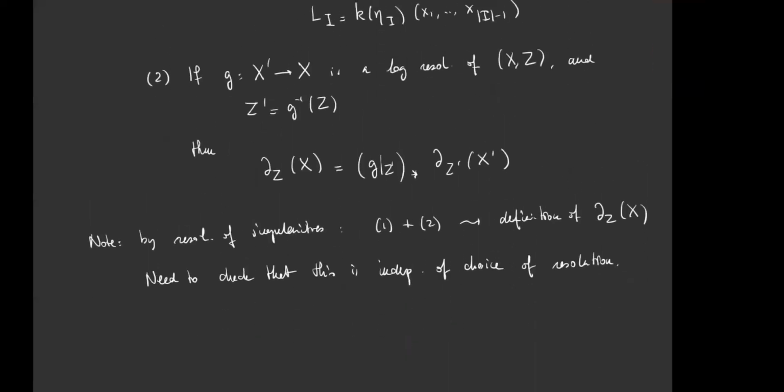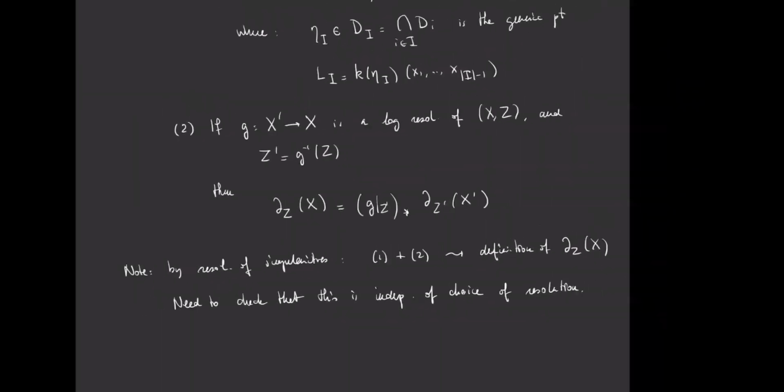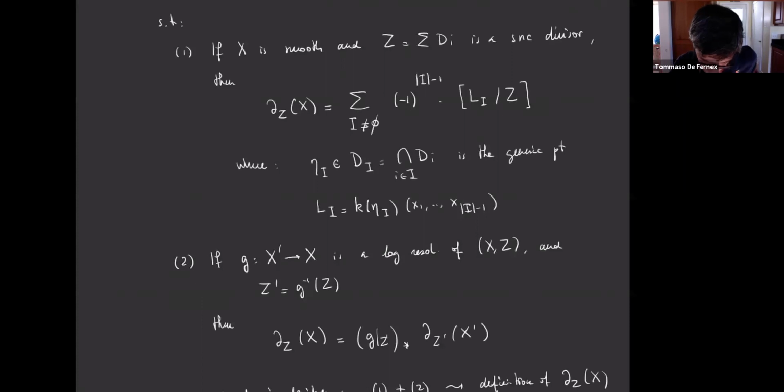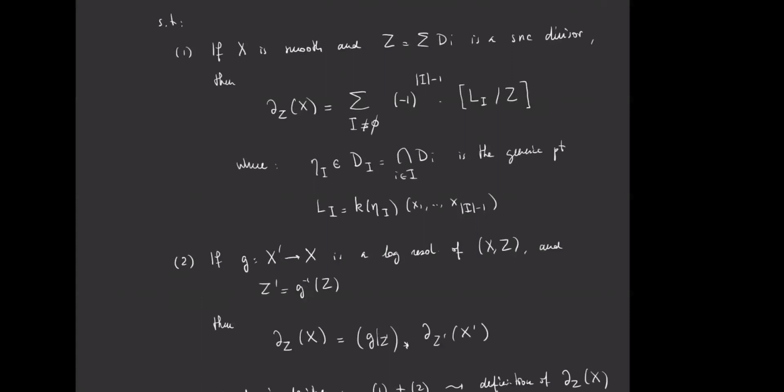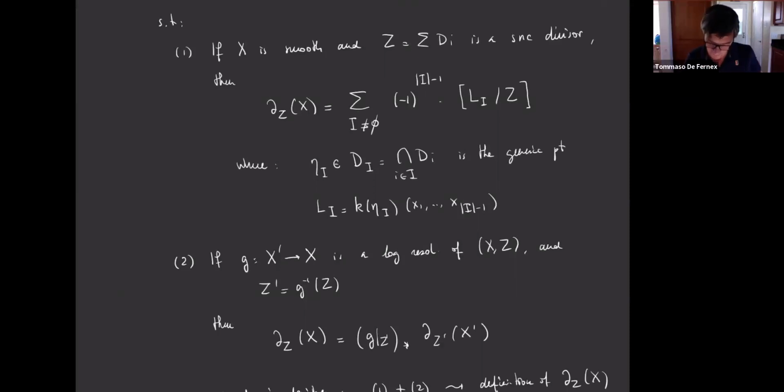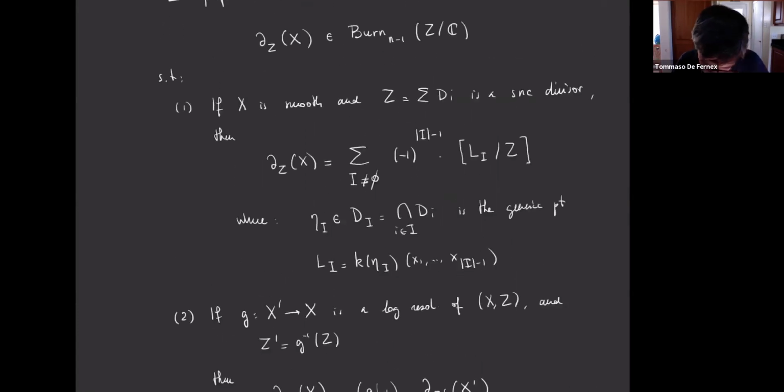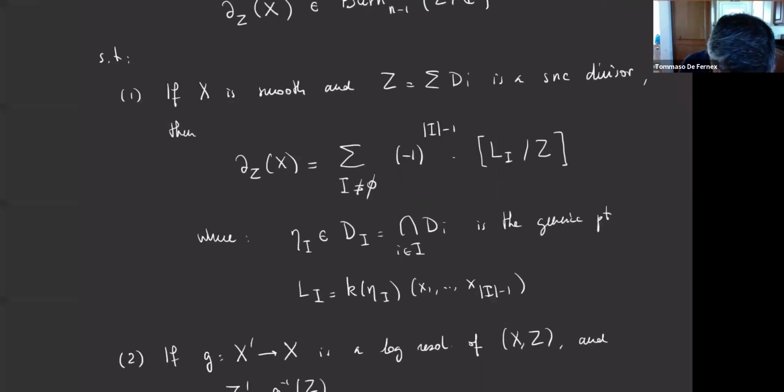So Tommaso. Yes. What happens in the first property? What happens if Z is non-reduced? Yes, exactly. Let me make a small correction. I think maybe this is the best way to answer this question. Instead of assuming that Z is reduced, let me just assume that the reduced subscheme of Z is a simple normal crossing divisor.